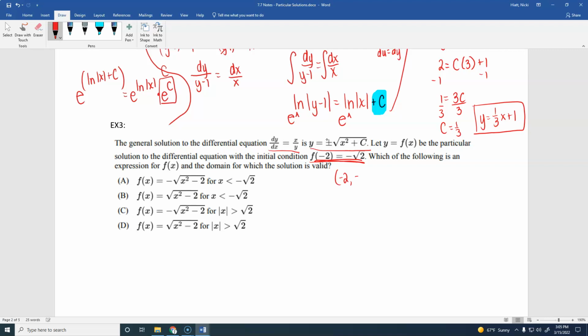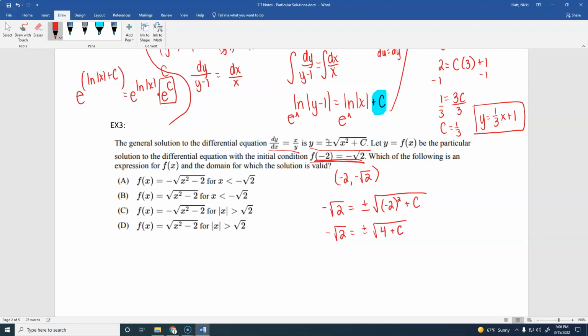So -2, negative square root of 2 is going to get plugged in. So we would have negative square root of 2 equals plus or minus the square root of -2 squared plus c. So that would give us negative square root of 2 equals plus or minus the square root of 4 plus c.